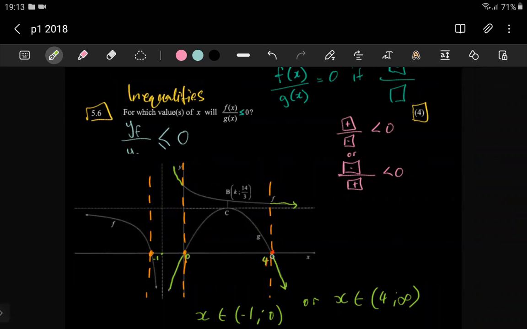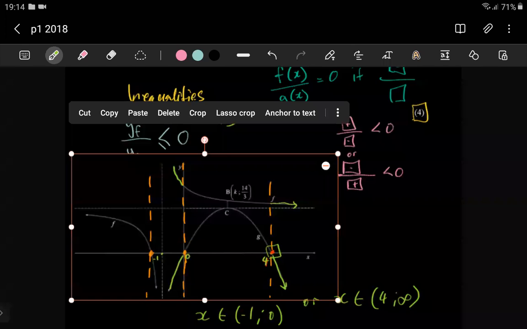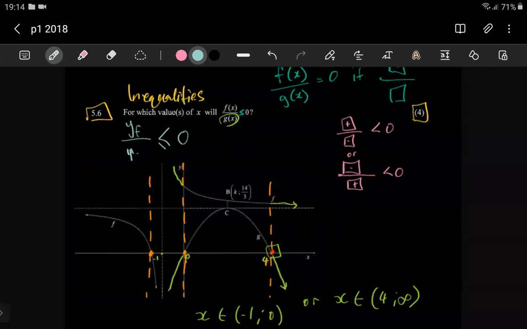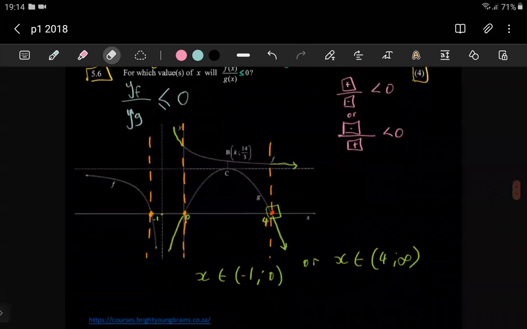Because if you throw a 4 in the graph of G, you're going to have a 0 come out. And we said here, all this is saying is y values of G. So here we cannot have a y value of G that's specifically equal to a 0. So that's why here we're excluding the 4, because if you throw a 4 in there, a 0 comes out, and having 0 down here is undefined, so it won't work.